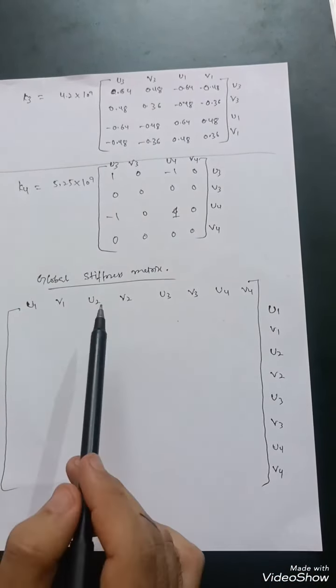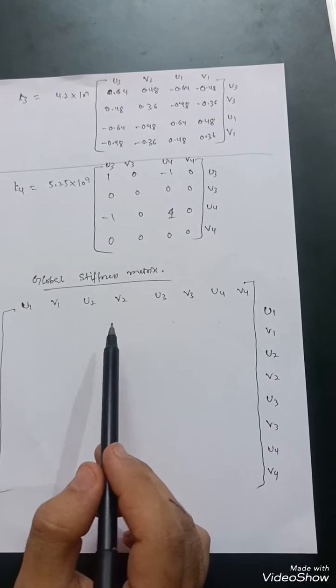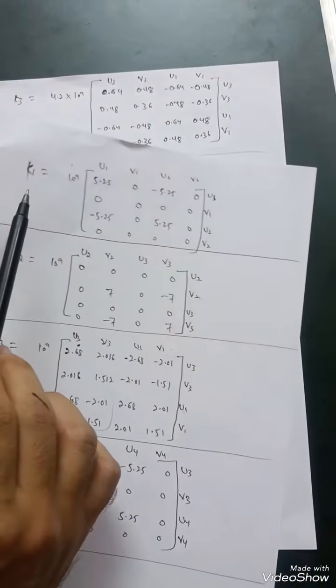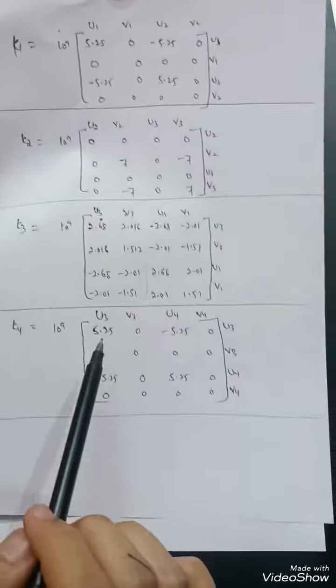Now you have to place the stiffness matrices of all the elements in this global matrix. I have calculated the values of these matrices, that is k1, k2, k3, k4. You have to draw these matrices in the global matrix.